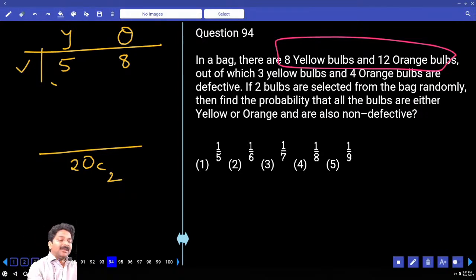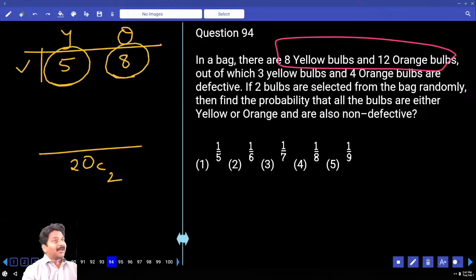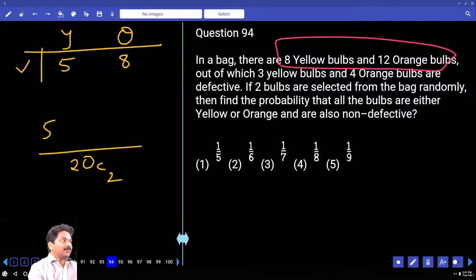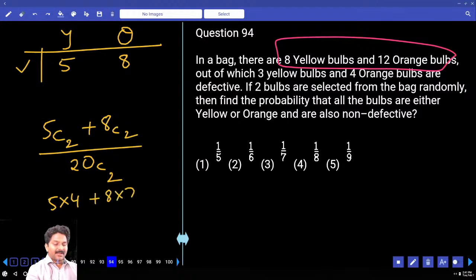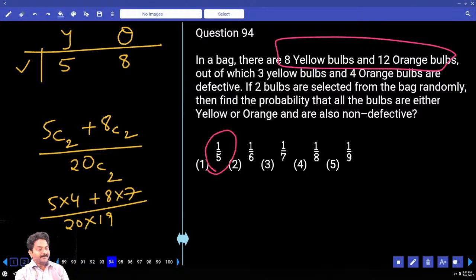That must be 2 from these 5 or 2 from 8 orange, correct? 2 yellow balls which are non-defective from 5 balls, 5C2. Is that under or condition? Plus 8C2. 5 into 4, 8 into 7, 20 into 19. If you solve it, I hope you will get 1 by 5.